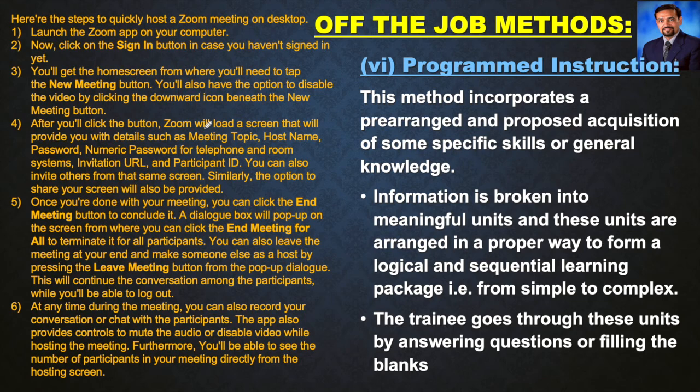So if a 1-mark question asks you to suggest the name of the job training method where a trainer is not required, then immediately your answer would be programmed instruction. Okay, so that's all for the different types of training method.